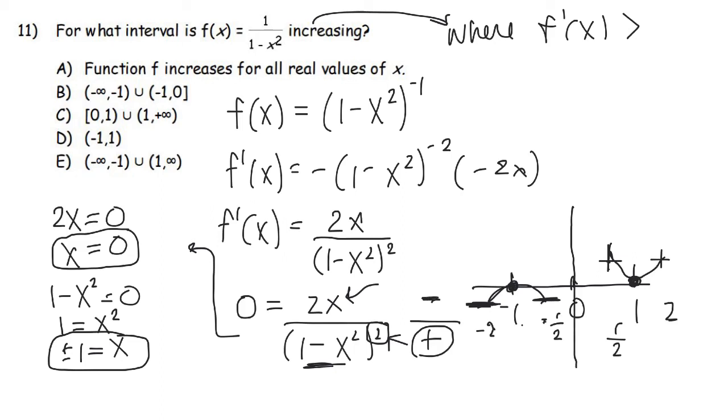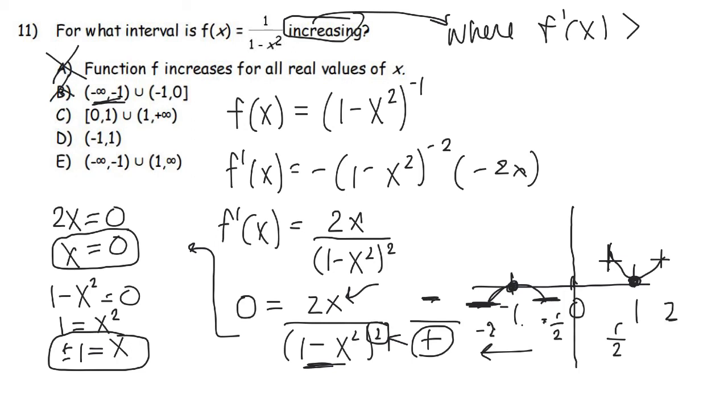All the way to the left of negative 1, we were negative. So if my derivative is negative, my function is decreasing, but I'm looking for increasing. So I know we don't increase everywhere because I had some negative values. B, negative 1 to infinity, well, that's over here, and I was negative, so it can't be that.